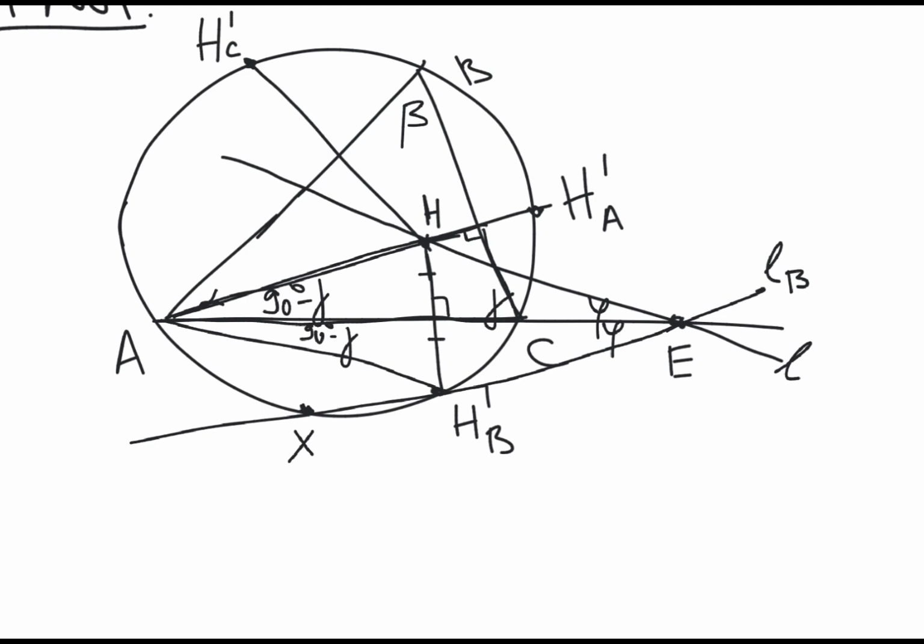We know that the arc is equal to twice the inscribed angle that subtends this arc. So the arc H_B prime C is equal to twice the inscribed angle C A H_B prime that subtends this arc.